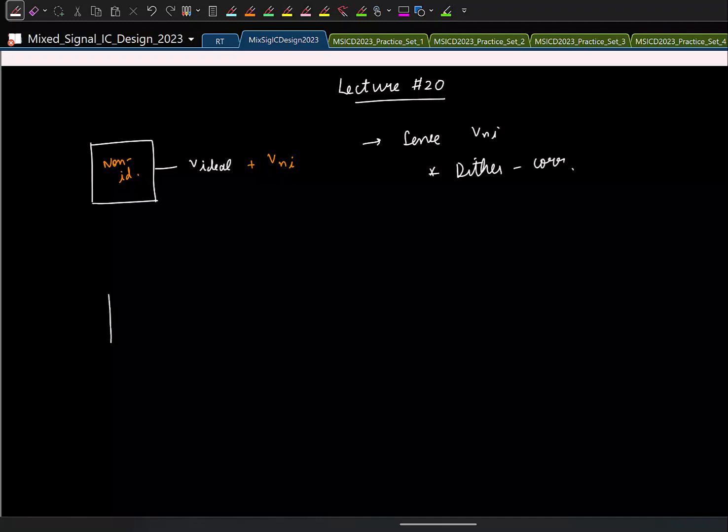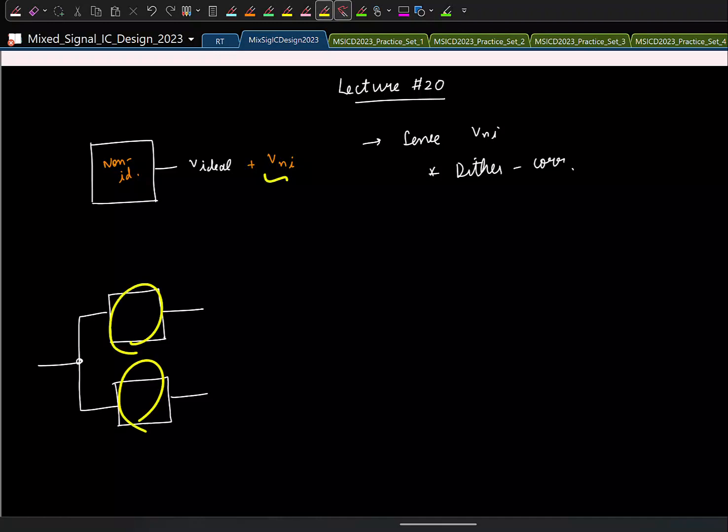And the second trick we saw was to have this split ADC structure where the same input is given to the two guys, and here the non-ideality is a mismatch between these two. So getting this non-ideal portion in the output was even trivial here, just take the difference between the two, right? But you can also come up with other ways to do this.